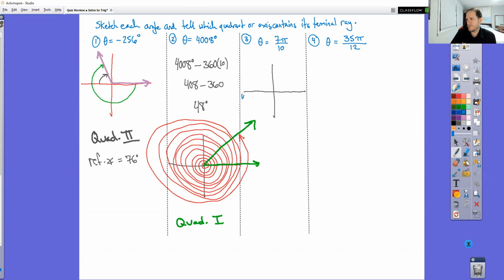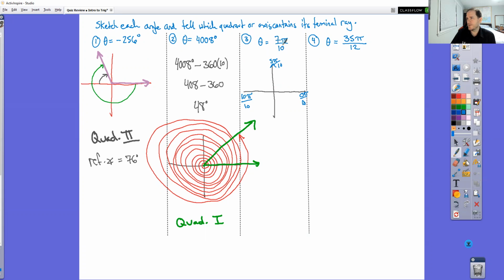Pi would be 10 pi over 10, which means 7 pi over 10 is just a little bit shy of that. Think about the halfway point, right? If this is 0 pi's over 10, then this is 5 pi's over 10. That's halfway between 0 and 10. So we can tell that 7 pi over 10 is beyond 90 degrees, but it's not quite 180 degrees. So it's definitely in quadrant 2.